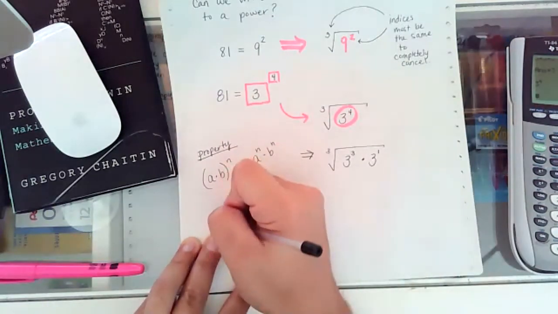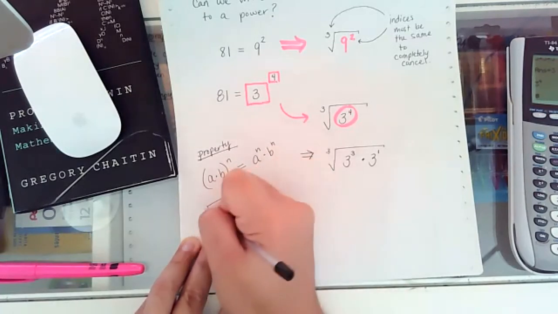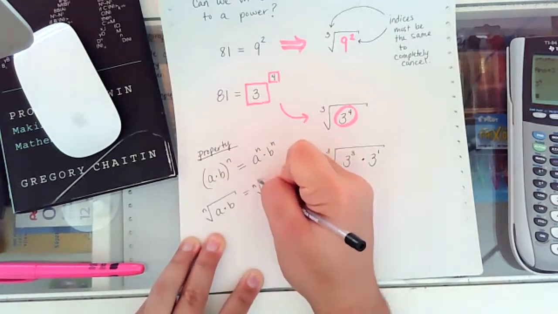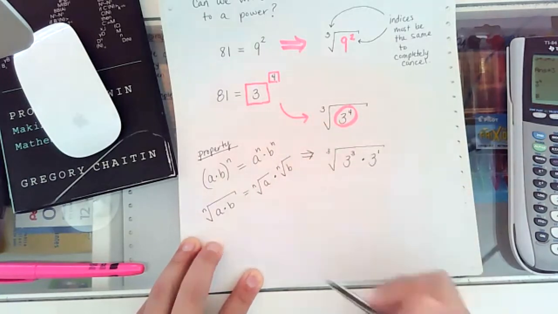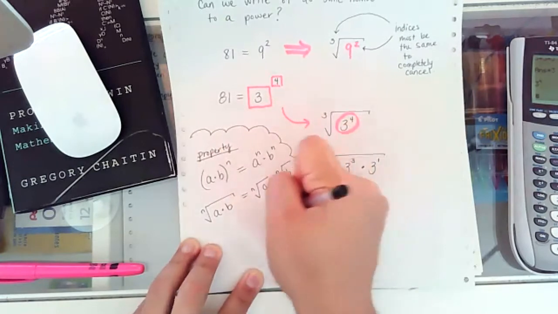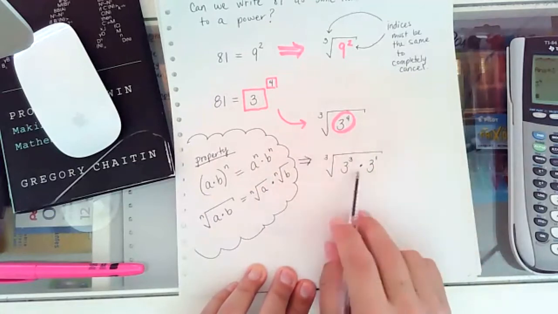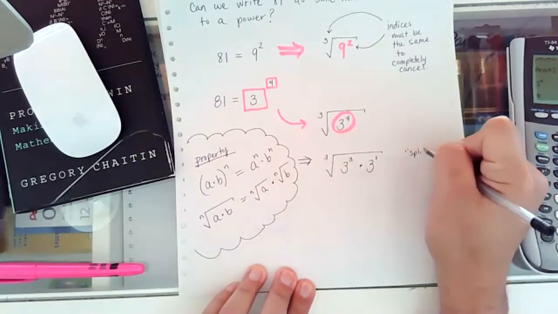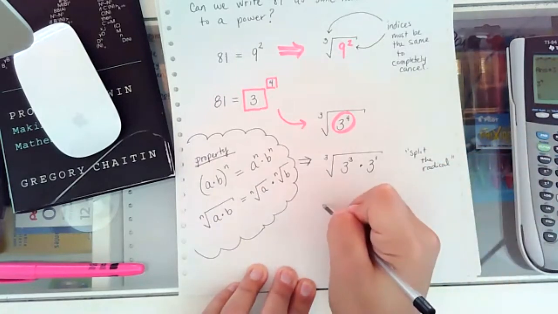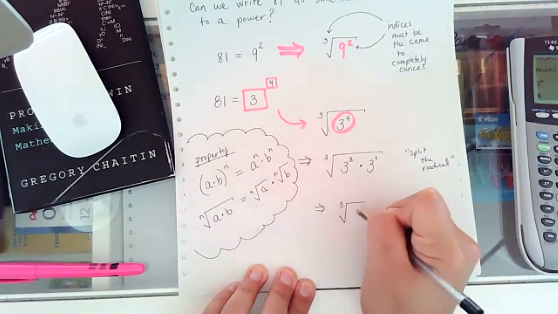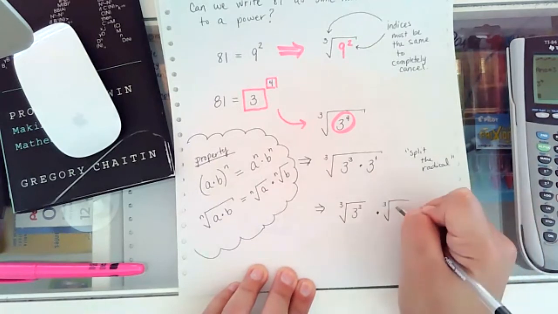That same property works for radicals: if you have the radical of something times something else, you can write that as two separate radicals multiplied by each other. So what we'll do is, right here, I'll just say split the radical. So that now we have the cube root of 3 to the third power times the cube root of 3.